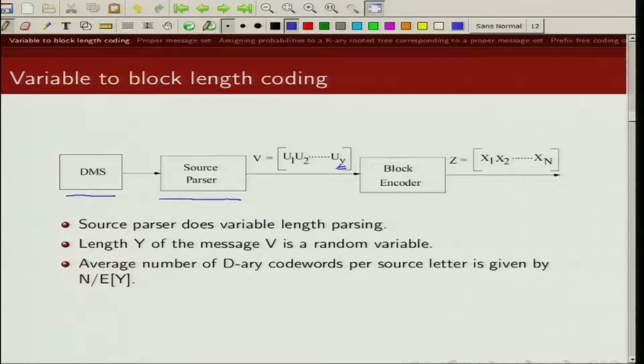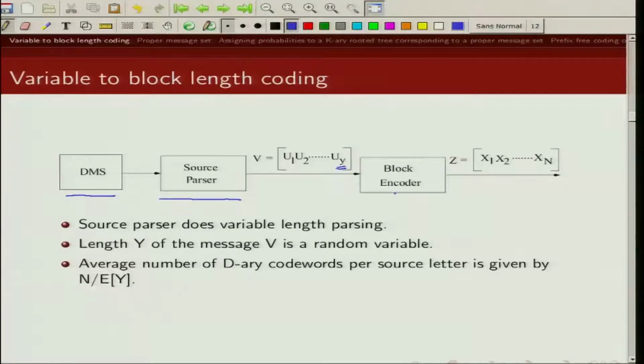This Y is a random variable, and after you parse the source into blocks, the block encoder will map these blocks of data into code words of fixed length n. So n here is the output code word length, that's fixed. Input block size Y is variable.